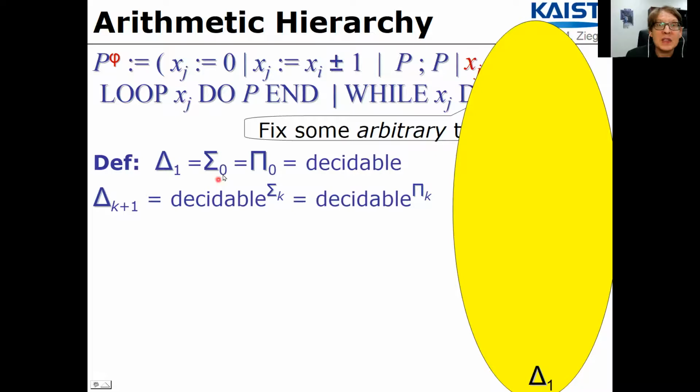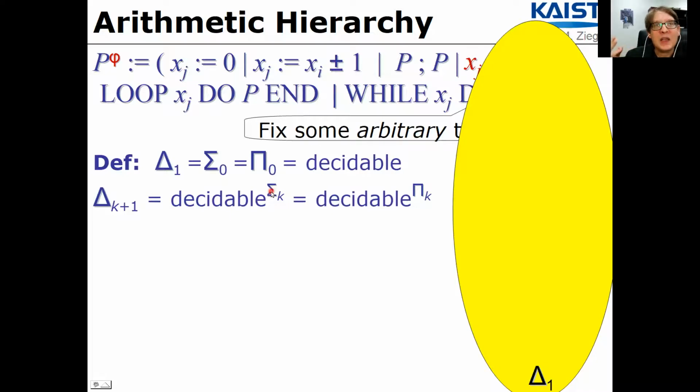We already have defined sigma 0, and we have defined delta 1. And if you look at this, let's plug in k equal to 0 here. Then that means decidable with Oracle access to something decidable, right? Sigma 0 when k is equal to 0. Decidable by a while program with Oracle access to something decidable.